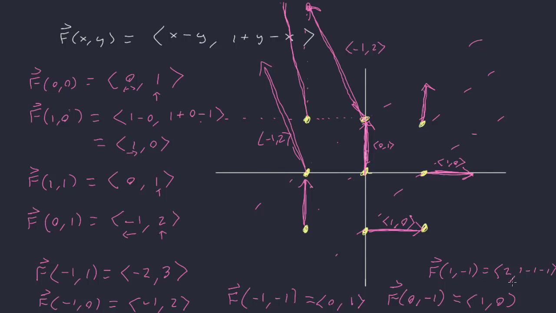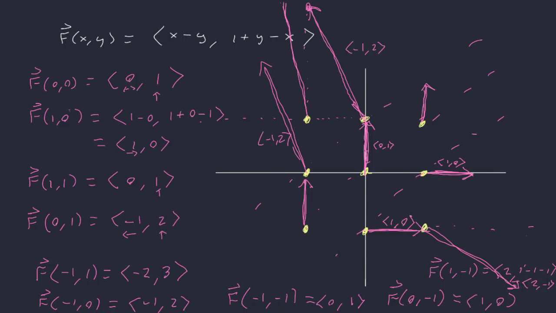So it'll be 2, negative 1. All right, so we go out 2, then down 1. So something like this. Okay, so as you can probably see, this isn't the most streamlined way to do this. However, if you ever want to just get a gist of what a vector field looks like, this is the way to do it. What we tend to do instead is actually use software to help us graph.